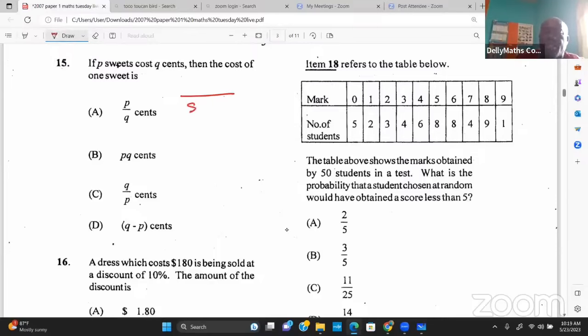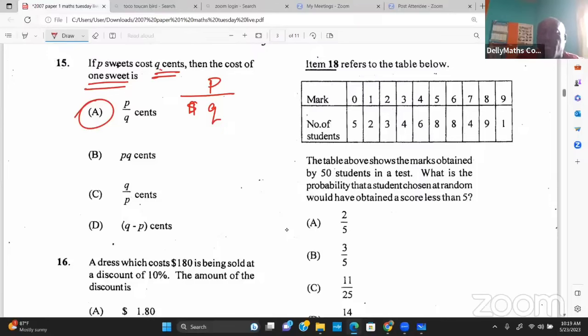So this Q will be at the bottom, and then whatever else goes at the top. So if P sweets cost Q cents, the cost for 1 sweet would be Q divided by P, and this would be the answer.